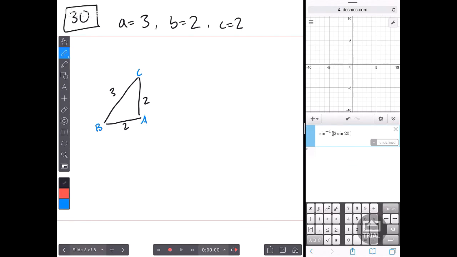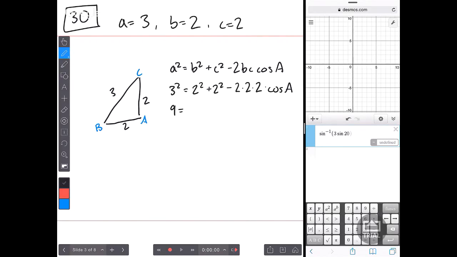So in order to do this with the law of cosines, I'm going to start with angle A. A squared equals B squared plus C squared minus 2BC cosine of angle A, which means 3 squared equals 2 squared plus 2 squared minus 2 times 2 times 2 times cosine of angle A. And 9 equals 4 plus 4, 8, minus 2 times 2 is 4, 8 cosine A. And we've got 1 equals negative 8 cosine A. And cosine of angle A equals negative 1/8.